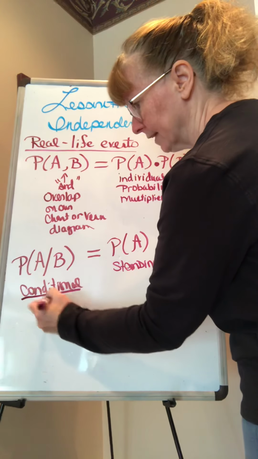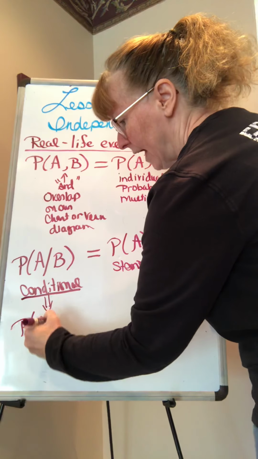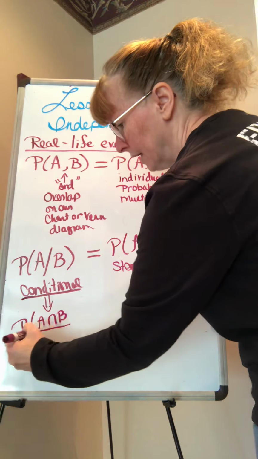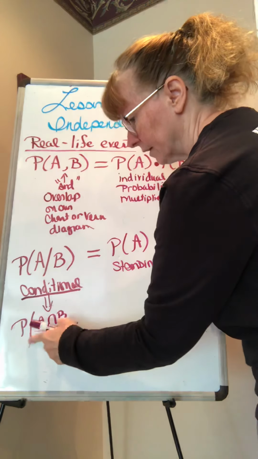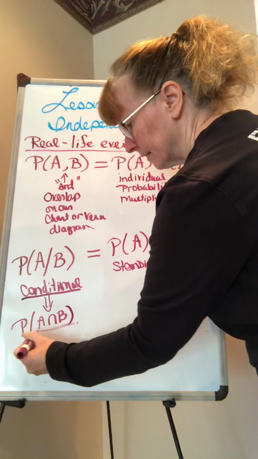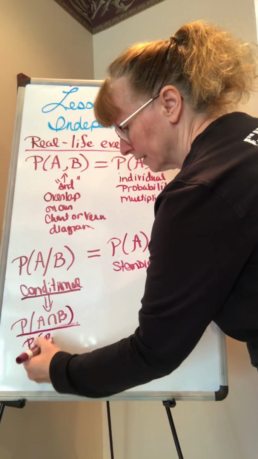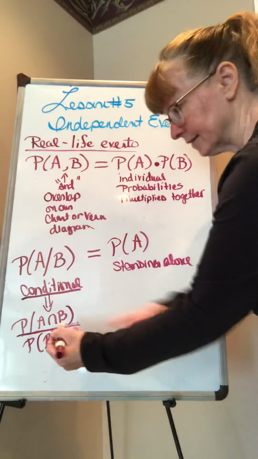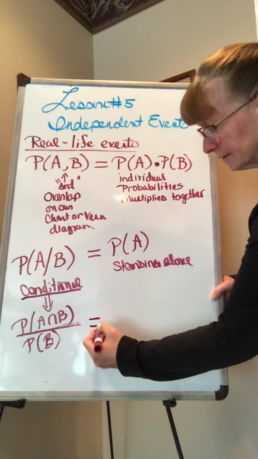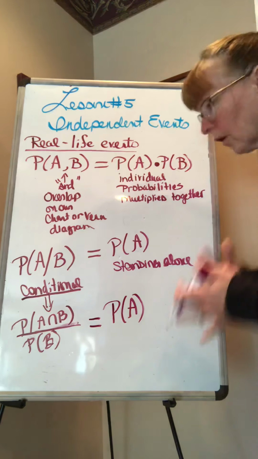So the conditional probability looks like this. This would be the probability of A and B, the overlap, divided by the probability of B standing alone. Remember, this was the condition. If this probability is the same as the probability of A, you're independent.